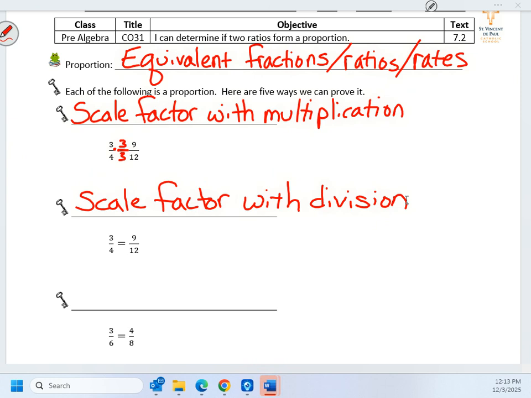It's still that 3, but this time we're dividing backwards. So we're dividing that bigger fraction by 3 to simplify it down to 3/4. So we can multiply up or divide backwards. Sometimes we start with the bigger fraction and we simplify it down. Same concept, right? We've worked with fractions like this before. This is the new part.